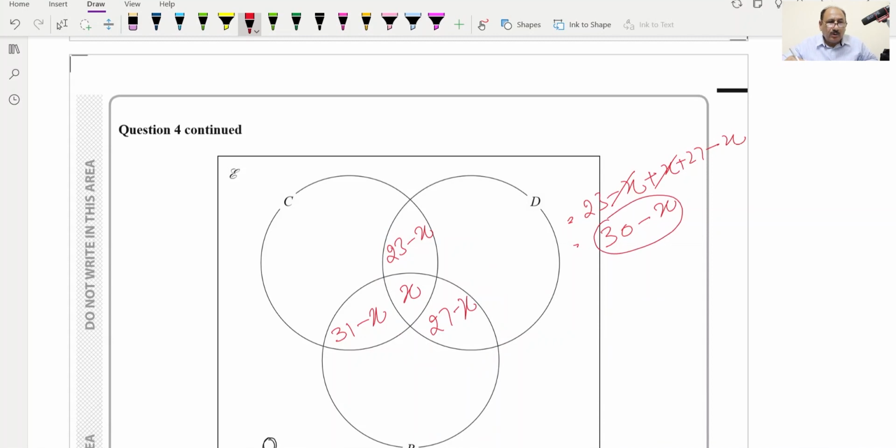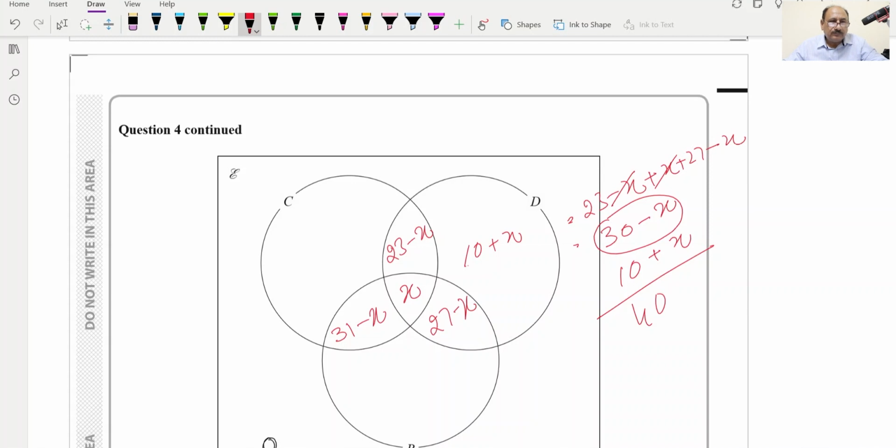Now to reach up to 40, we have to add 10 plus x. If we add 10 plus x to 30 minus x, we will get 40 minus x plus x, which will cancel. So we can write here 10 plus x.